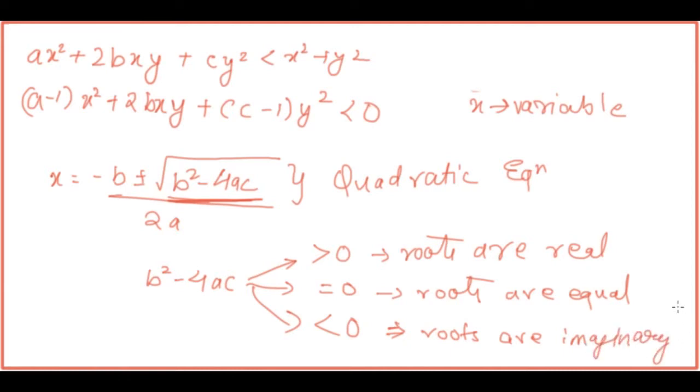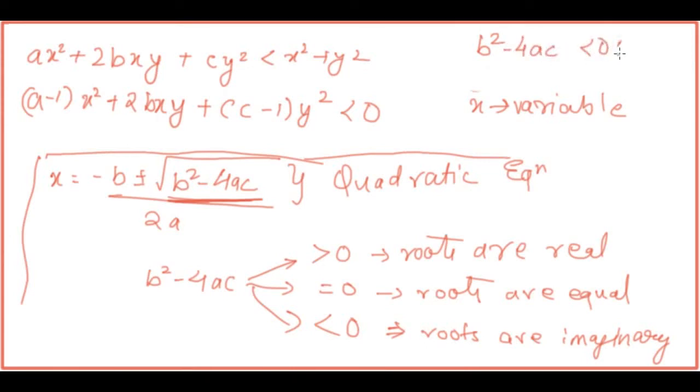I hope you remember these three conditions. This b and that b are different, I just gave a general quadratic equation. Only this part is important: b square minus 4ac should be less than 0 for imaginary roots, right? So I will write this fact here and erase this part.